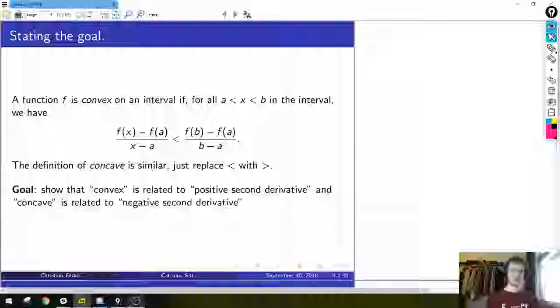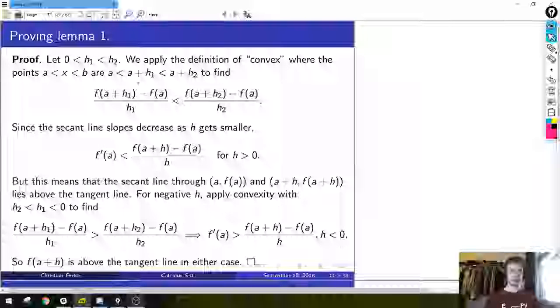Now I'm just going to go back to convince you I'm using the definition correctly. I'm supposed to compare these two slopes and put in my x on the left side, but put b in its place on the right side. So I do that. This is that same inequality, but now x, we said, is a plus h1, and in the denominator this is supposed to be x minus a, but if x is a plus h1, then of course a plus h1 minus a is just h1.